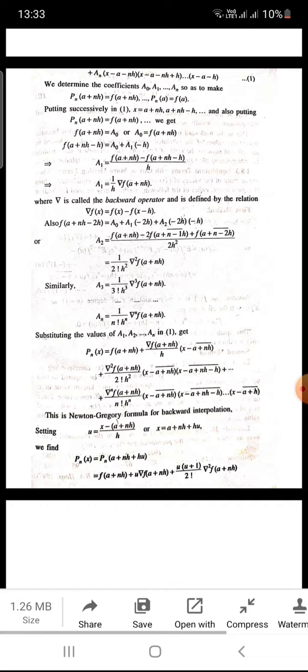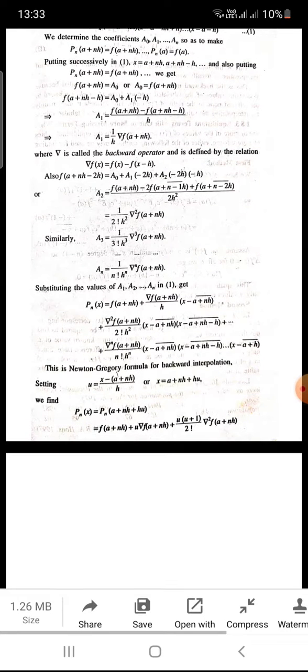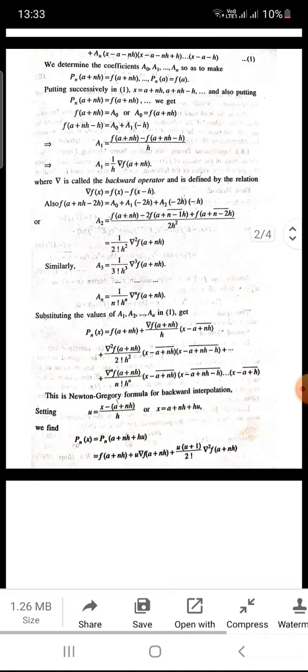And the last term will be del^n f(a plus nh) upon factorial n into h^n into (x minus a plus nh) into (x minus a plus nh minus h) and so on up till (x minus a plus h). This is called the Newton-Gregory formula for backward interpolation.